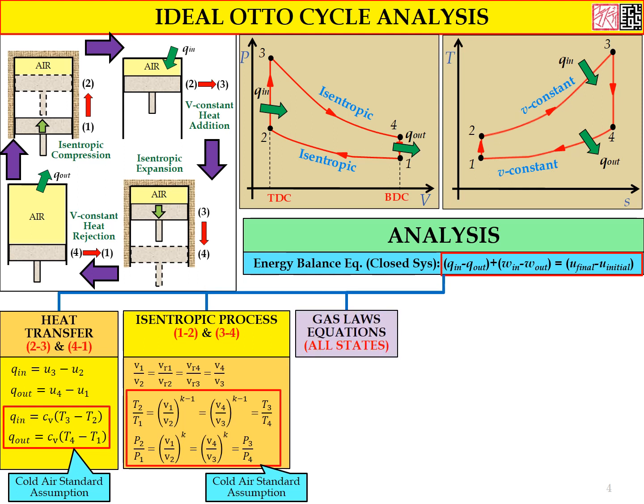Okay, now we have the gas law equation, and we can use this gas law equation because we assume that the air inside the cylinder is an ideal gas. So that's why we can use the gas law equation, and we can apply it for all states, state number 1 until state number 4. So we can use the PV over T equal to constant formula for two different states, and also we can use PV equal to mRT.